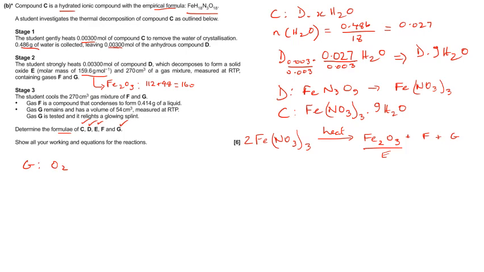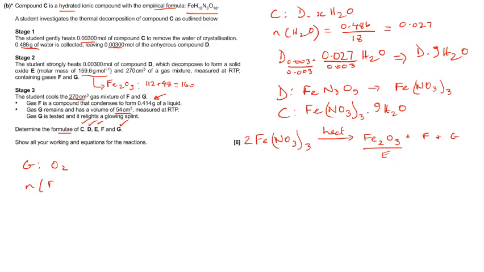Let's try to work out the Mr of F, because we've got a mass of F, and from these 2 volumes, 270 and 54, we can work out the moles of F. So let's work out moles of F first.